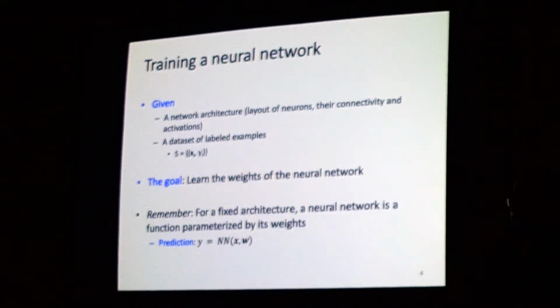So this is the formulation. And how do we learn the weights of the neural network? The insight is here, as some of you have just mentioned. Although this whole procedure looks like step by step, if you just look at the neural network output, you can view it as a function parameterized by its weights.